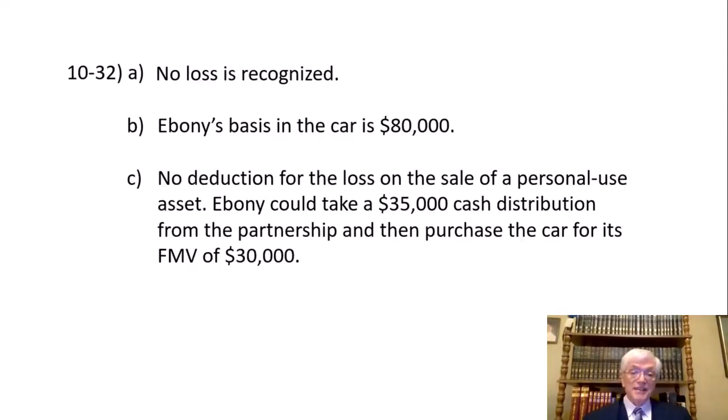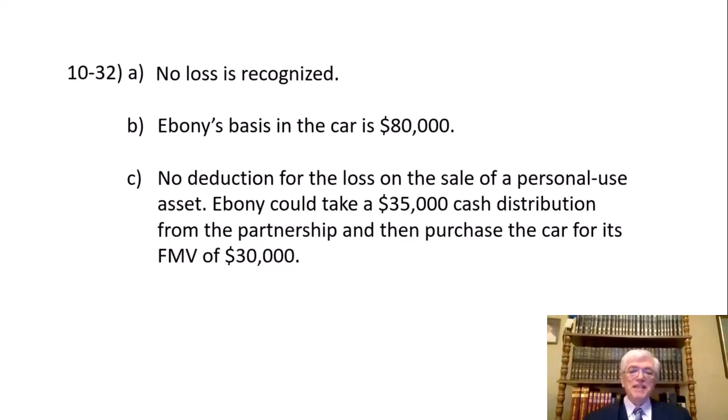Now, the answer guide to the textbook also said, well, Ebony could have used the car in a business and then it would not be a personal use asset. And so she could drive it around in her business for a couple of years, then sell it, and she would have a deductible loss.